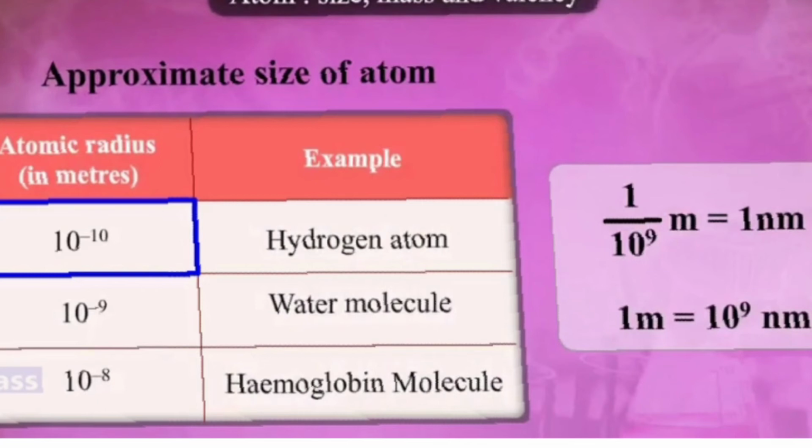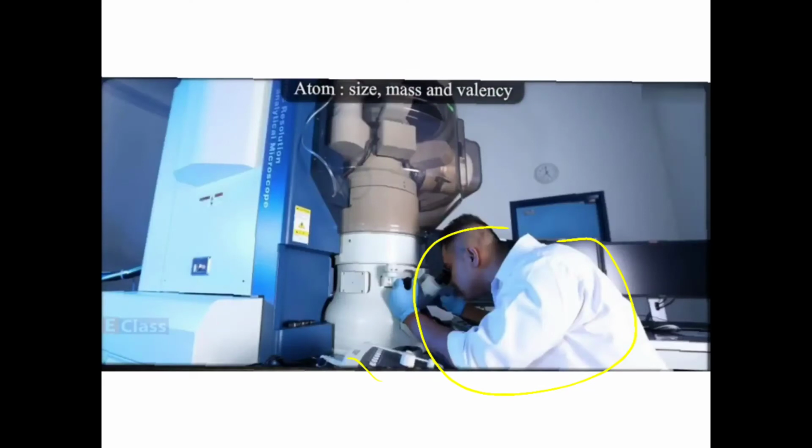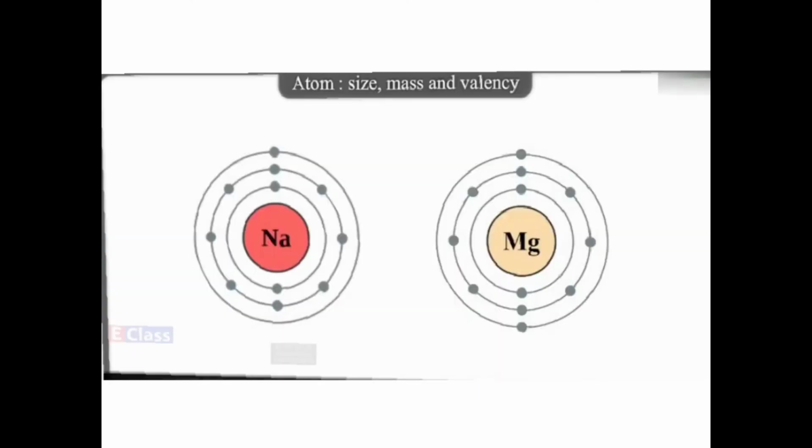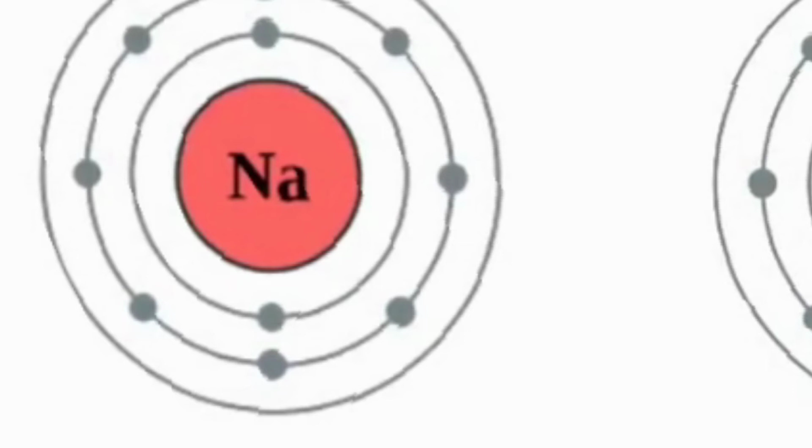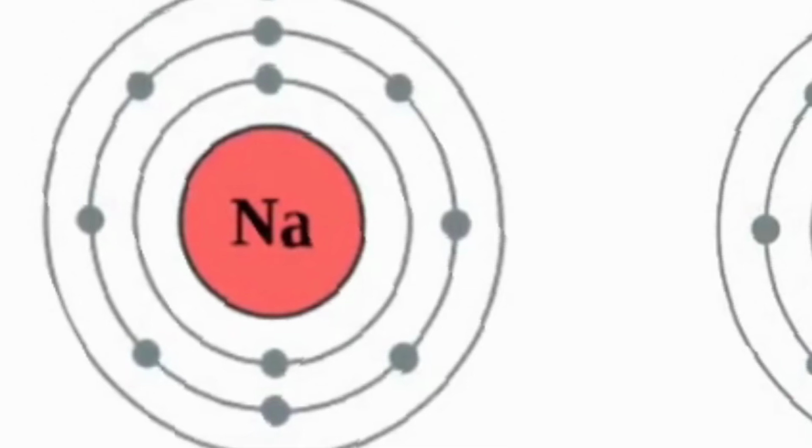This was about the size. Now let us talk about the mass. The mass of an atom is concentrated at its nucleus. The nucleus has proton and neutron, and both have roughly unit mass, right?